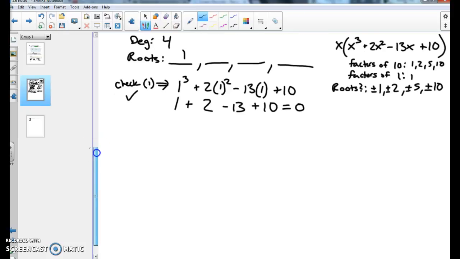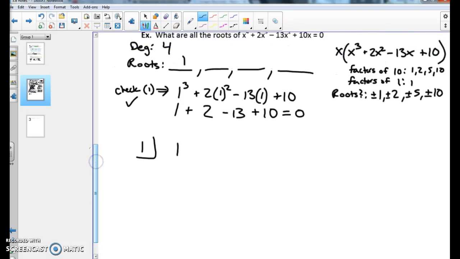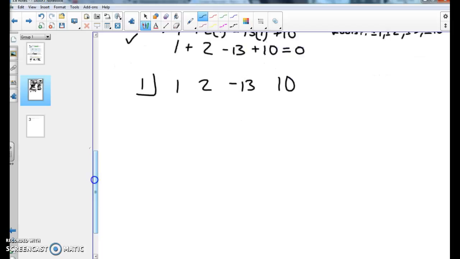So I'm going to jot that in up top. Now I'm going to go ahead and divide, right? Use our synthetic division. I'm going to plug in my coefficients, which I had 1, 2, negative 13, and 10. Okay, so synthetic division sets up for us here. I'm going to go ahead and start this process. Bring down the 1. 1 times 1 is 1. 2 plus 1 is 3. 3 times 1 is 3.